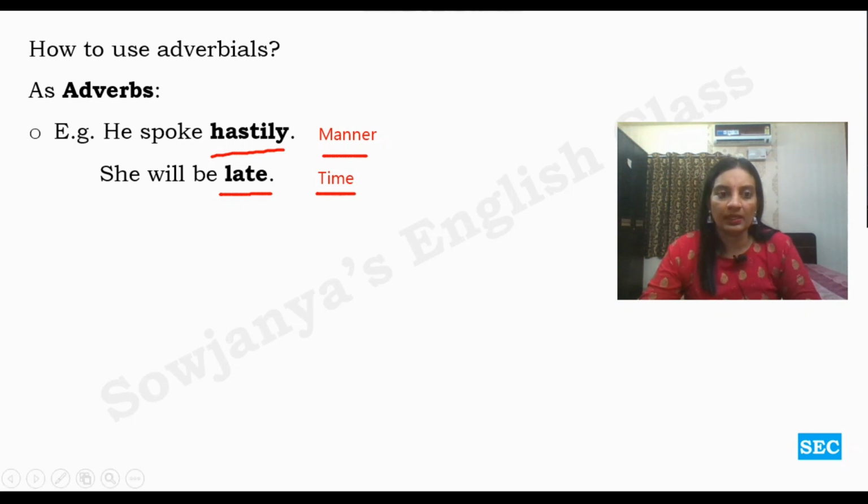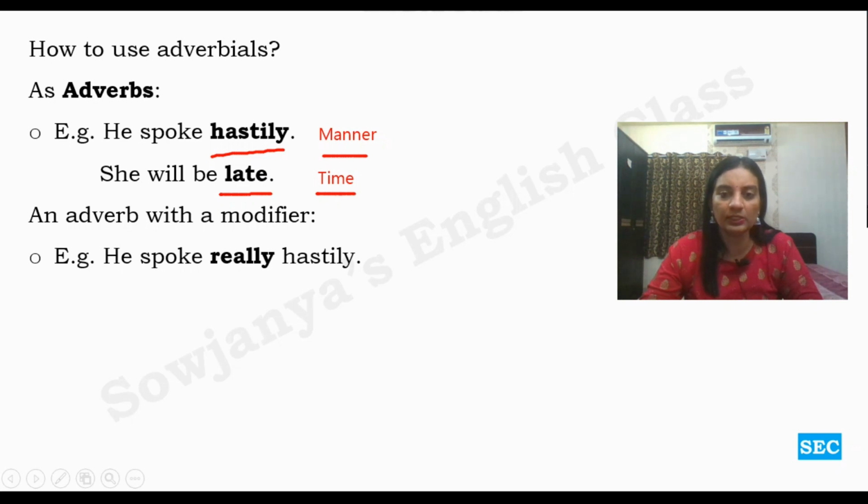And then an adverb with a modifier. First usage we have seen as adverbs, and now an adverbial as an adverb with a modifier. Let us see. He spoke really hastily. He spoke hastily. That is our one adverb. And how hastily?